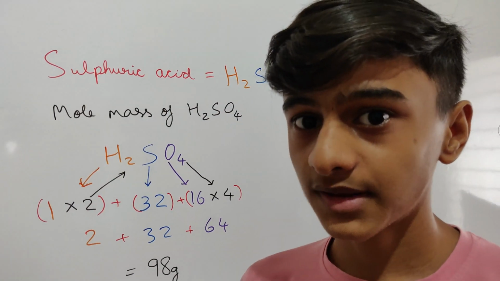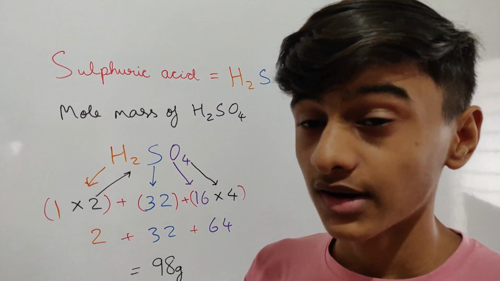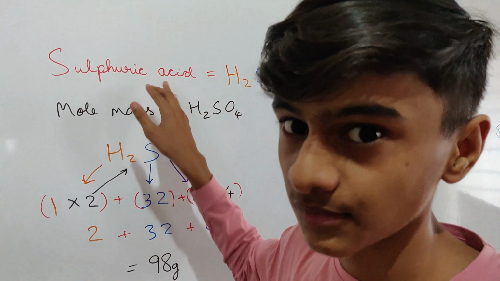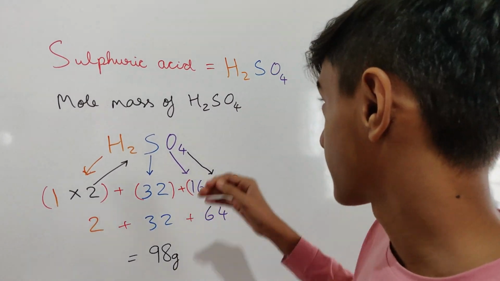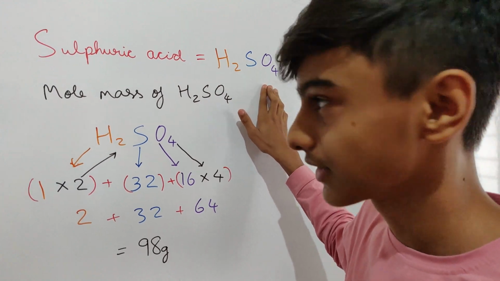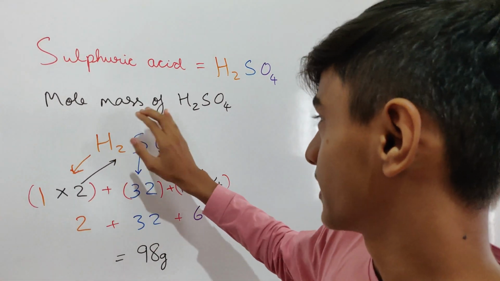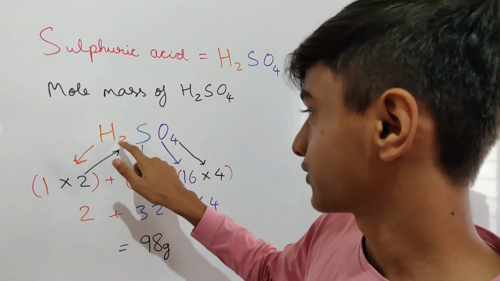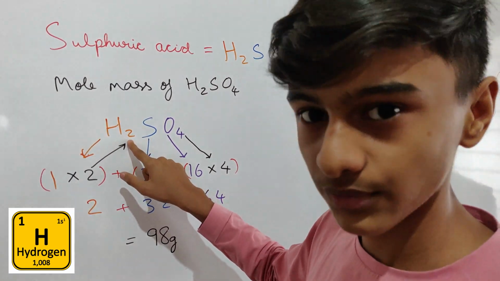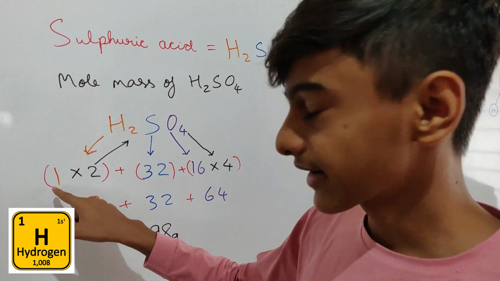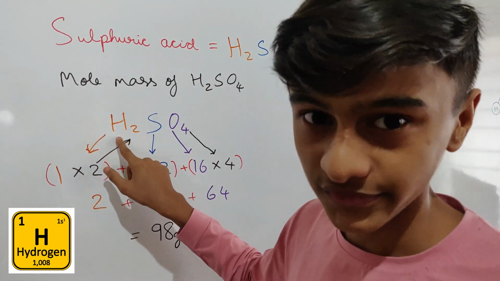So for another example, I am going to show you how much 1 mole of sulfuric acid weighs. We know that sulfuric acid in scientific form can be written as H2SO4. So let's find out the molar mass of H2SO4. We know that hydrogen is H, and we need two atoms of that. So 1, where are we getting this 1 from? That is the atomic mass of hydrogen.